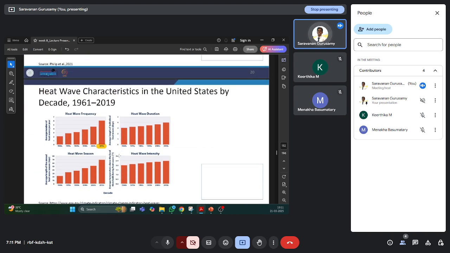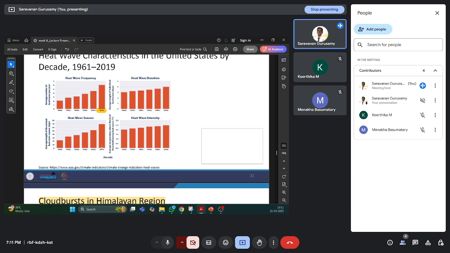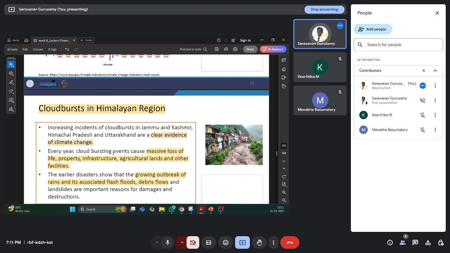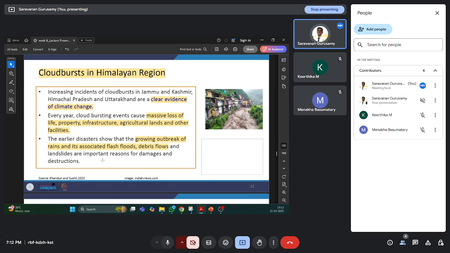So you can think about that, and you can see the characteristics of the heat wave: frequency, duration, season, and intensity. Everything is increasing, and 2010 data shows that. Cloud burst is another impact of this climate change. You can see in the Himalayan region last year, clear evidence of climate change and massive loss of life, property, infrastructure, agricultural land, and other facilities, with a growing outbreak of rain.